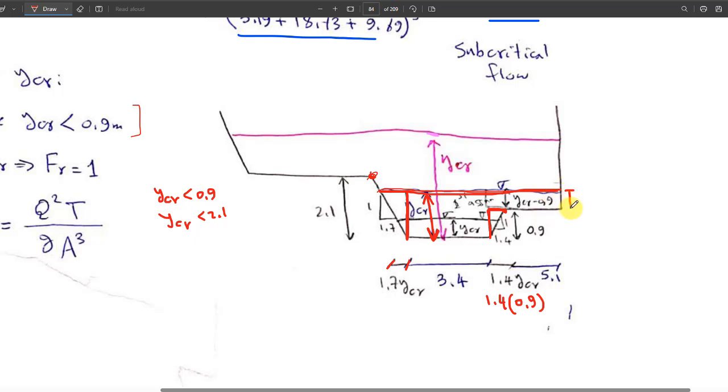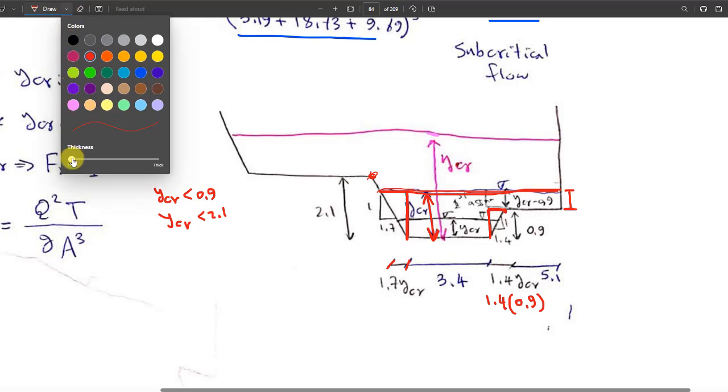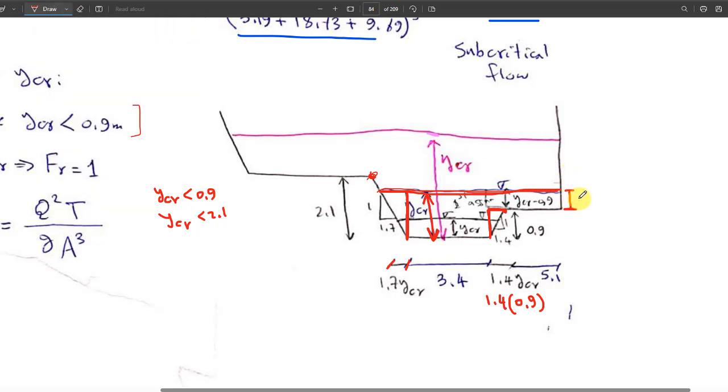But how much is above 0.9? This one, the unknown, how should I write it? This should be written as y critical, which is from the bottom up to the top. So this would be y critical minus 0.9, minus the distance that is just below. Right? Like that.